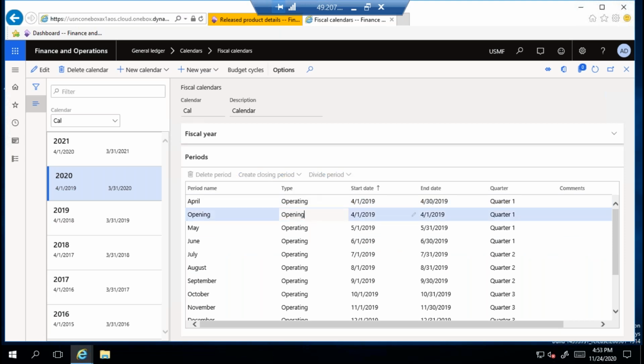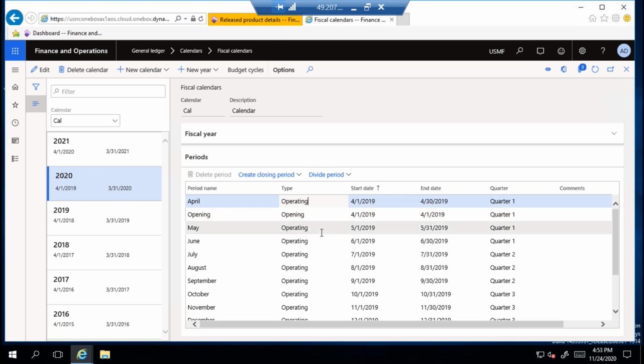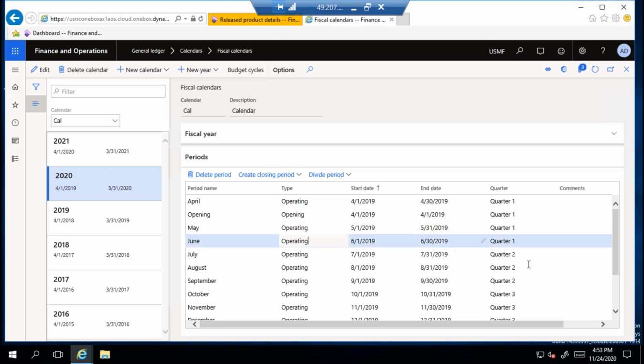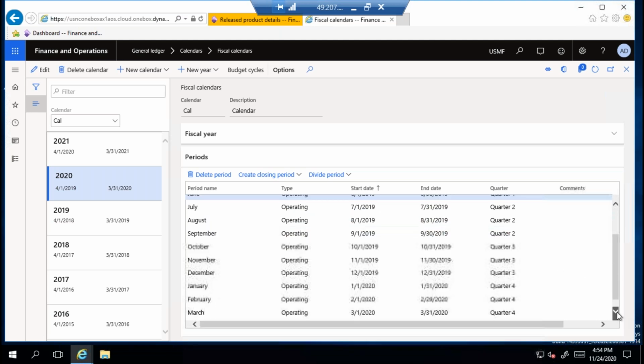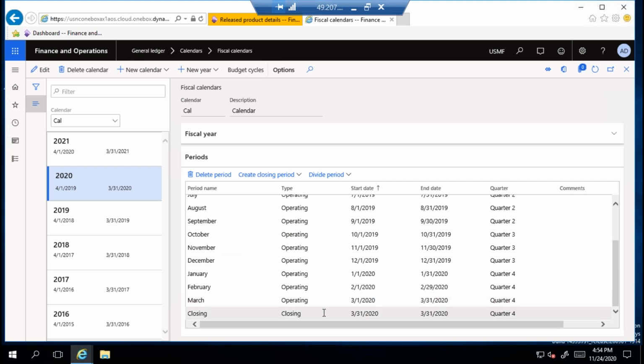Opening period is April 1st to April 1st only. Next, operating normal: April 1st to April 30th, May 1st to May 31st, June 1st to June 30th. We know this is our calendar. And last, there is a closing. Operating runs until March 31st, regular 12 periods. The extra period is closing, that is 3/31/2020.